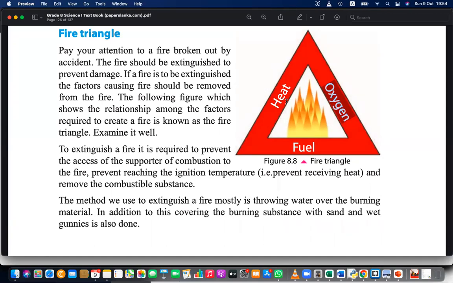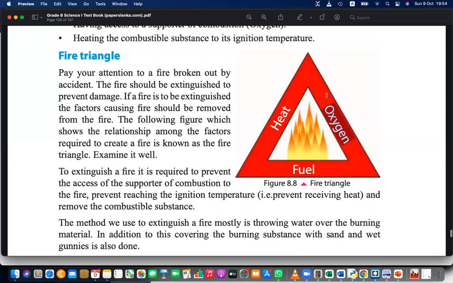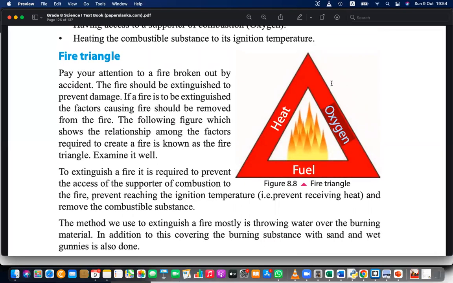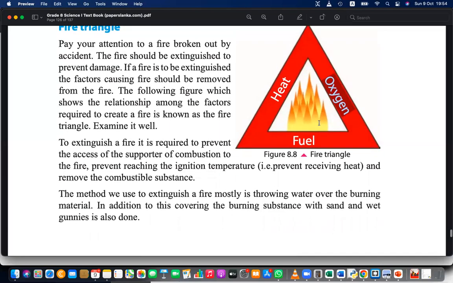To extinguish the fire, you need to remove one factor. So what are the methods? Why do we put water on fire? What factor will be removed? Is it heat, oxygen or fuel? Which factor will be affected?